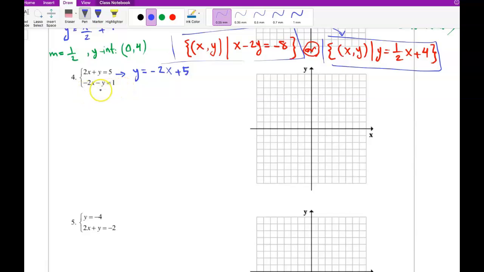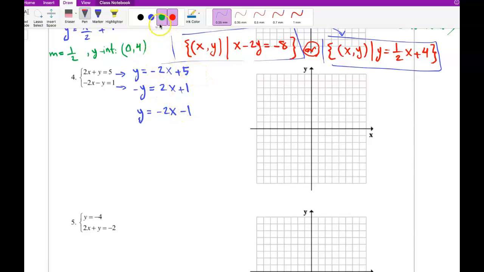And here add 2x both sides. We have negative y equal to 2x plus 1. And after that, divide by negative 1. Y is negative 2x minus 1.